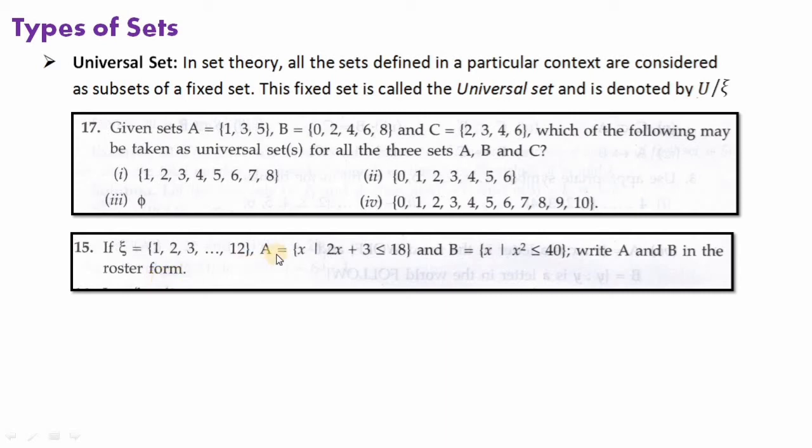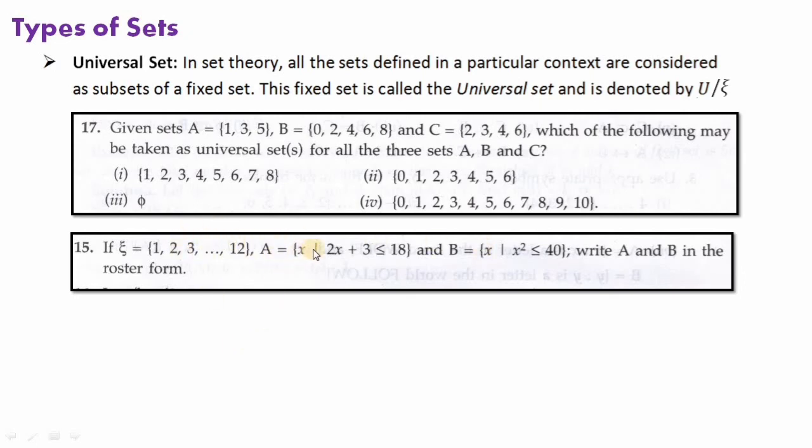Here they have not said that A and B are subsets of this or not, but since this is given as a universal set, A and B will be subsets of this. That means the values of x will be coming from this set only, and this value of x will also come from this only.